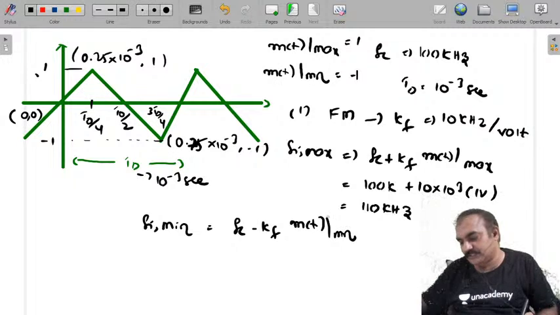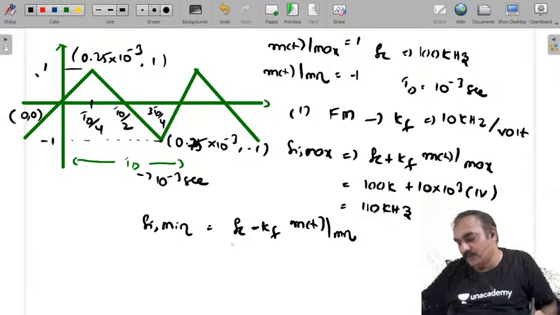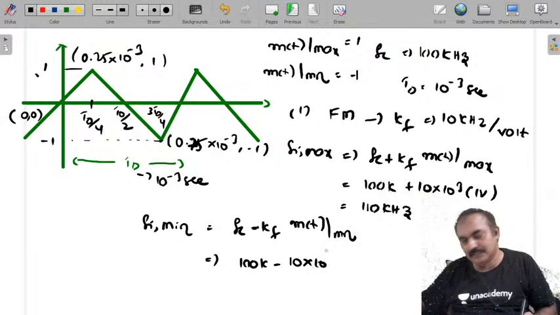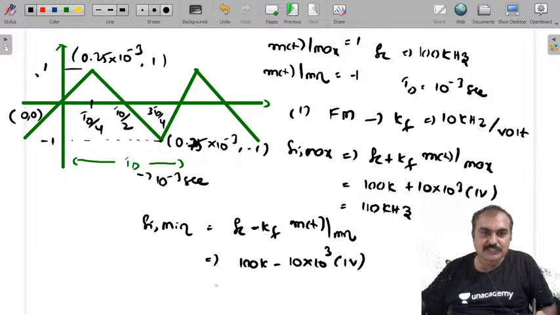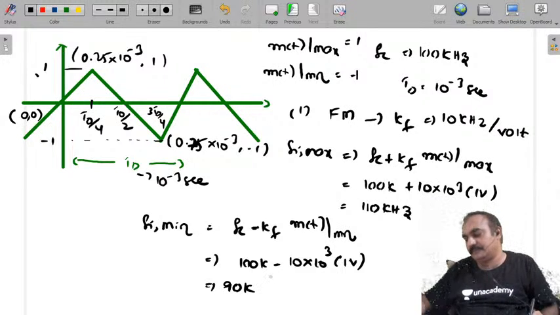So the minimum value we need to substitute for Fi. So it becomes, yes, 110. Another is 100k minus, because it is a negative value, 10 into 10 power 3 into 1 volt. You are getting 90. Very good. 90k. You are getting the minimum value.